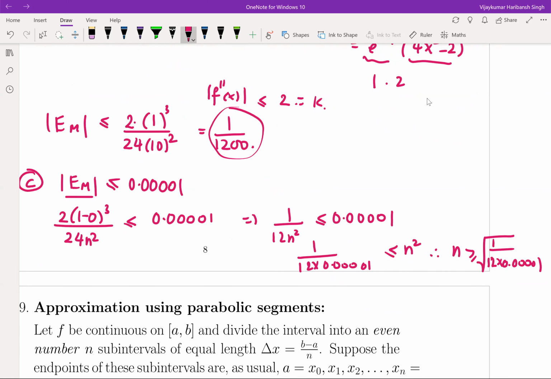Let me run my calculator on this, and you will see that n is greater than or equal to roughly 91.28. So n equals 92 or larger will give you the answer. If you choose 92 or greater, you will get error less than 0.0001.